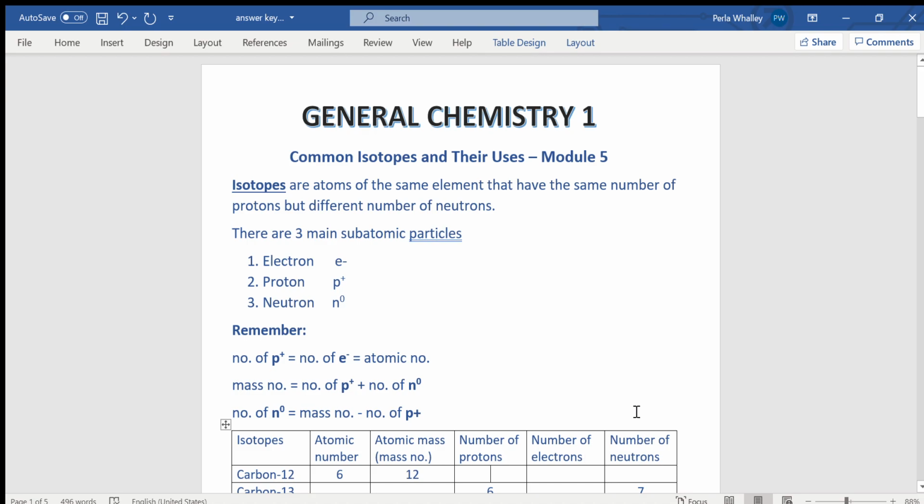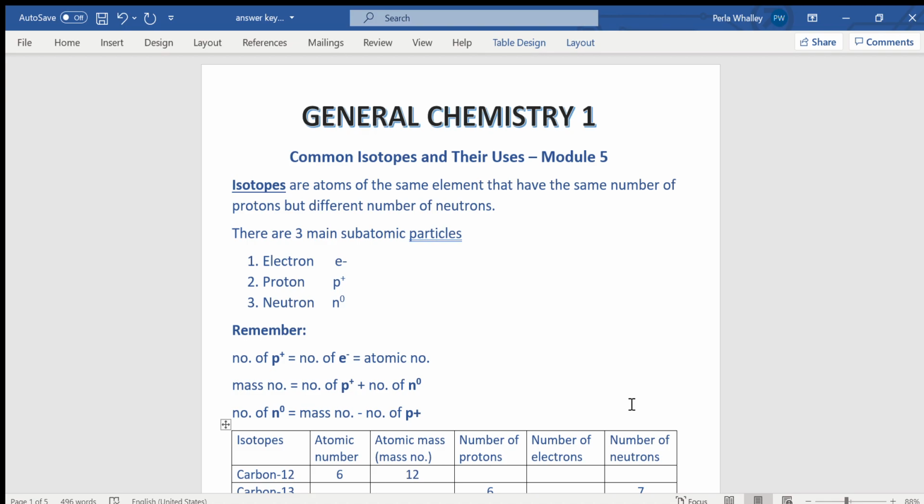Isotopes are atoms of the same element that have the same number of protons but a different number of neutrons. There are three main subatomic particles. These are the electron with a symbol of e minus, proton, p plus, and neutron, n zero.